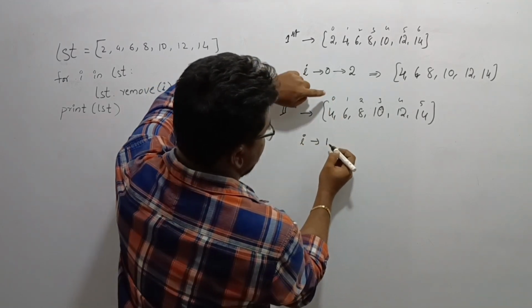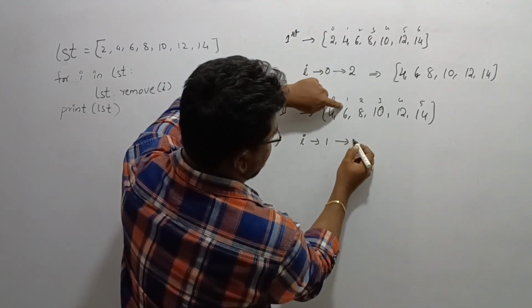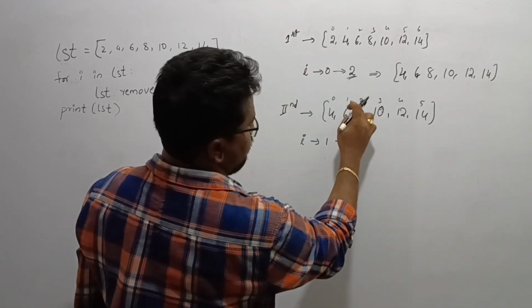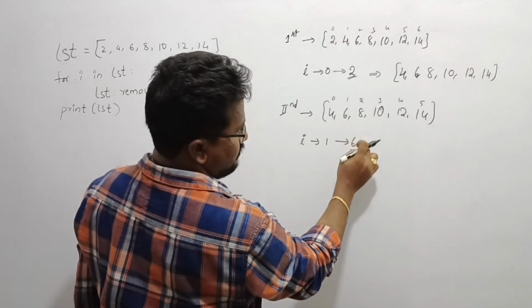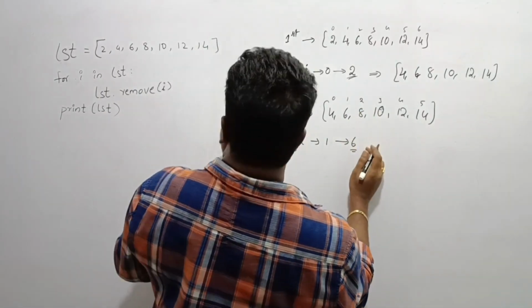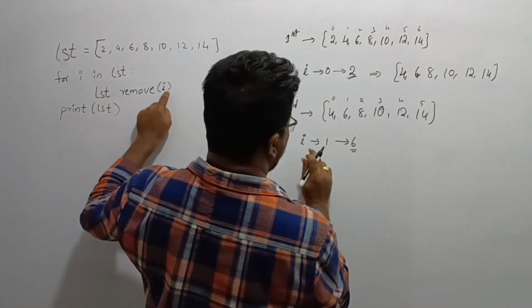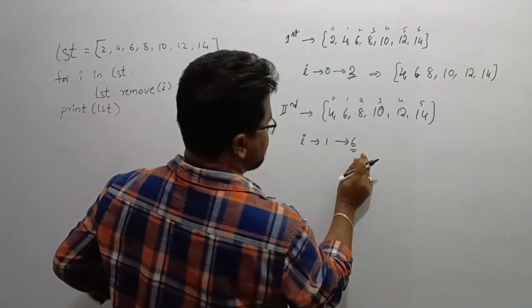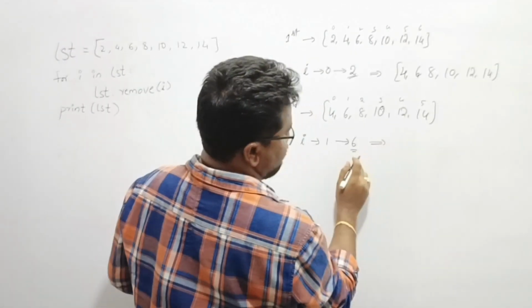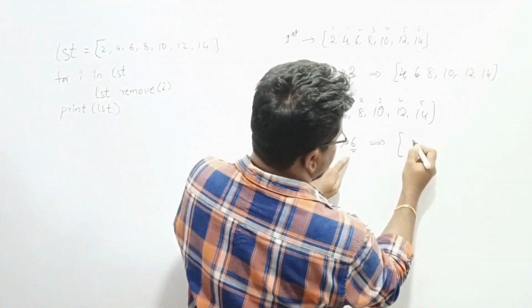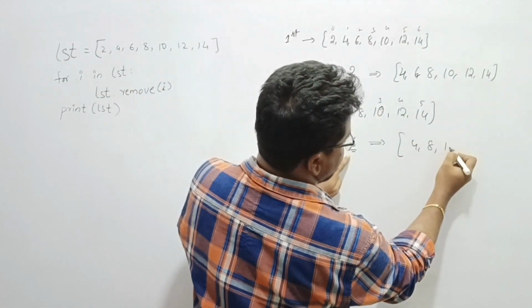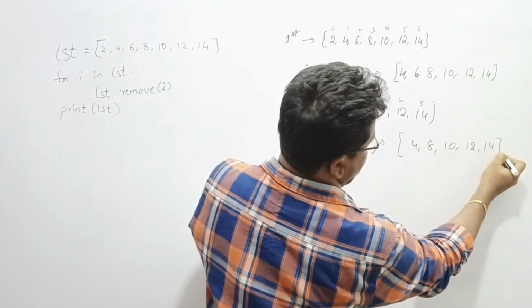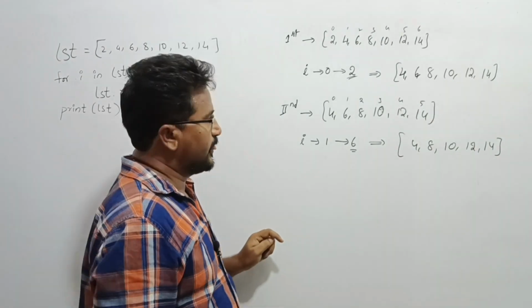Index 1 value is 6, so now i is 6. Remove of i means remove 6 from the list. Finally 6 is removed and the remaining list is 4, 8, 10, 12 and 14.